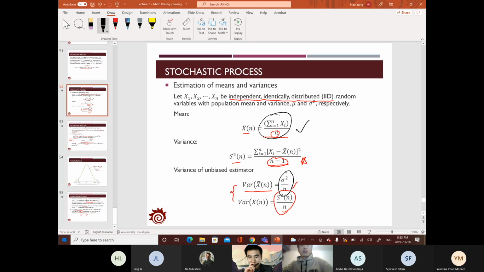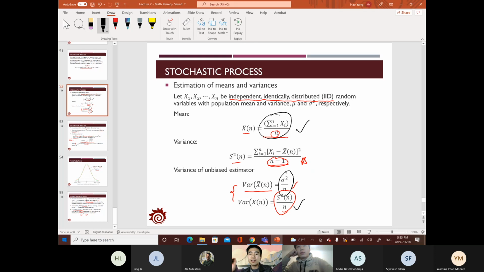I know how to get the second last equation, but I don't know how to get the last one. For the last one, you simply replace the variance. For a shorter explanation, just replace sigma square with s square, because s square is an unbiased estimation of sigma square. If we are only provided with the samples x1 to xn, you don't know the value of sigma square, or the value of mu.